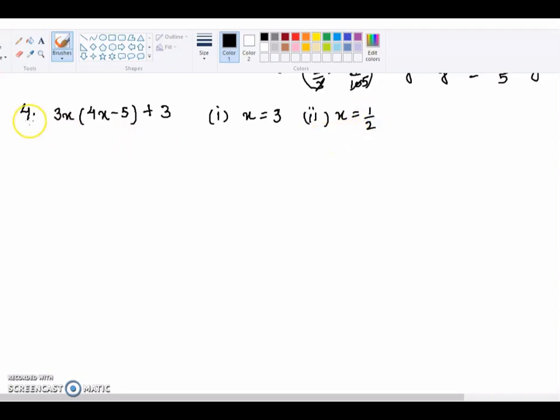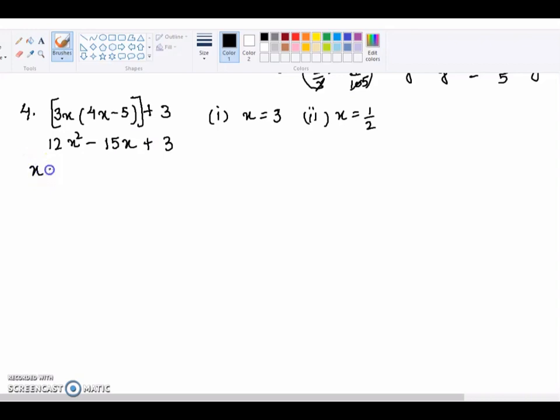So first you have to simplify this expression and then you will put the value of x equal to 3 and find its value, and put x equal to 1 by 2 and find its value. So first you will multiply 3x with 4x, so that will give you 12x square. Then 3x with minus 5, so that will be minus 15x plus 3.